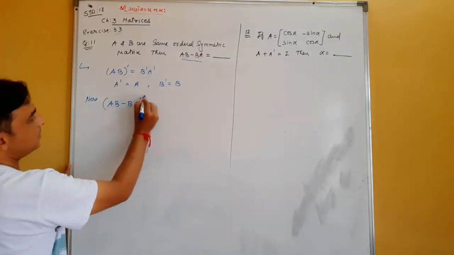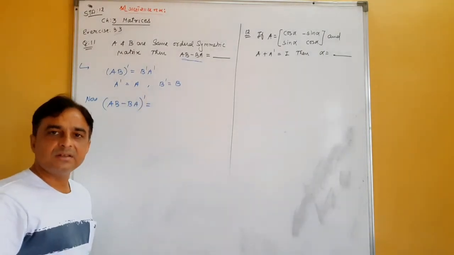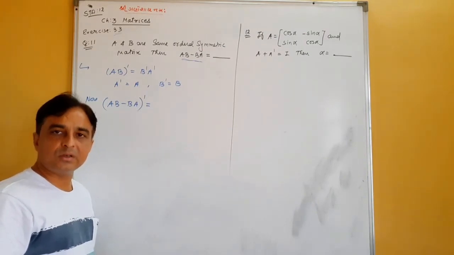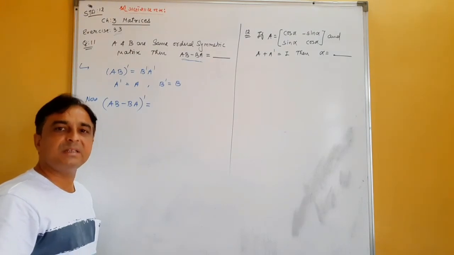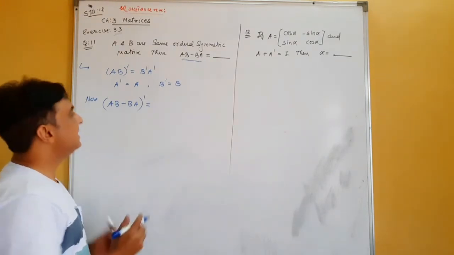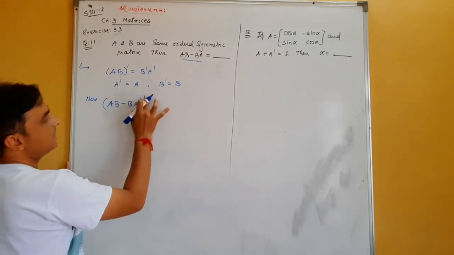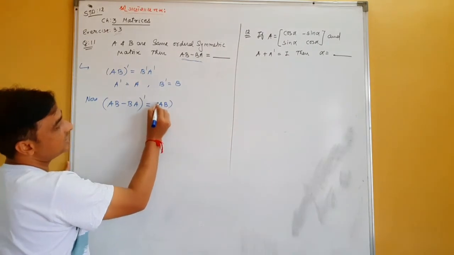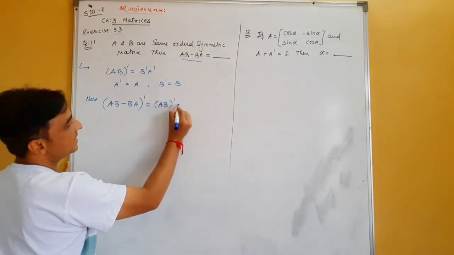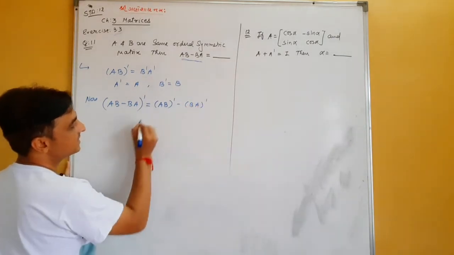Let's find. First of all, take up (AB minus BA) dash. So we are finding the transpose of that. If this is equal to AB minus BA, that means it will be a symmetric matrix. Transpose is applicable over addition and subtraction, so it will be (AB) dash minus (BA) dash.